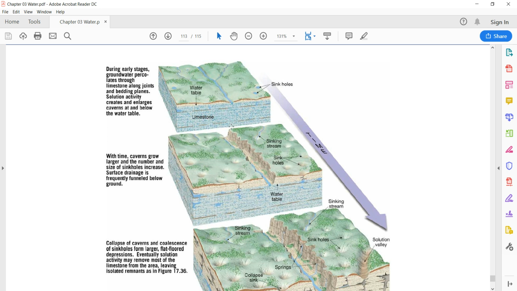I want you to very clearly remember that this karst or sinkhole formation occurs only and only in a carbonate-based aquifer. It is not going to happen in any other aquifer, because this water can dissolve only carbonate types of minerals.